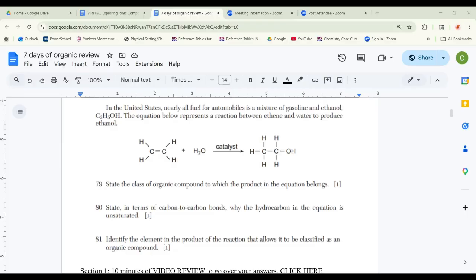But you want to stick to a single element here. It says identify the element, that is singular, not the elements. In the product, it's actually the elements in one of the reactants also, but they wanted to make sure you were only looking at one compound that makes this organic, and that is by definition carbon.